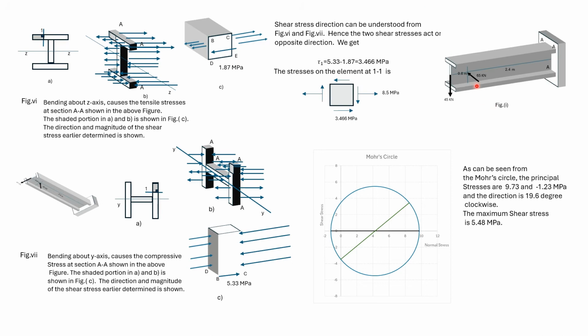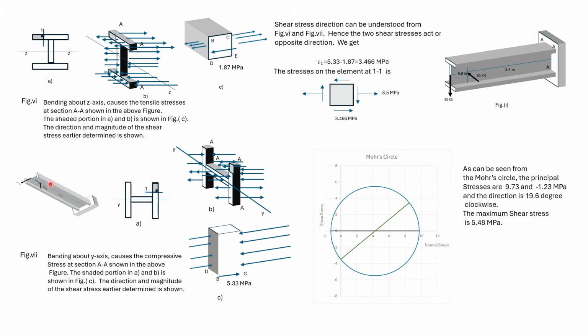Let us now look at the direction of the shear stress due to the 65 kilonewton load. At the far end of this I section, the 65 kilonewton load will cause compressive stresses. So at the point 1, there will be compressive stresses.